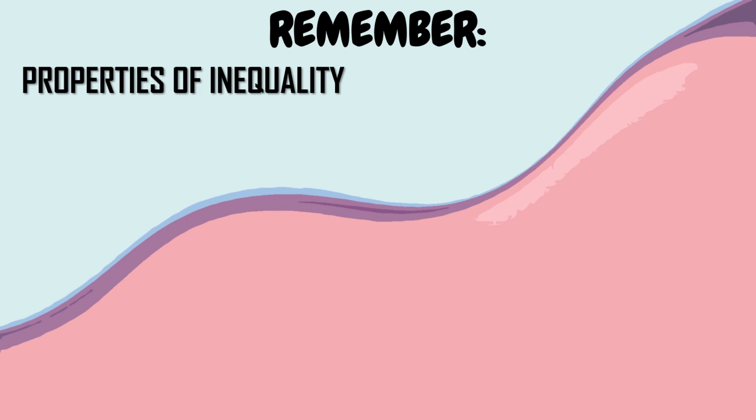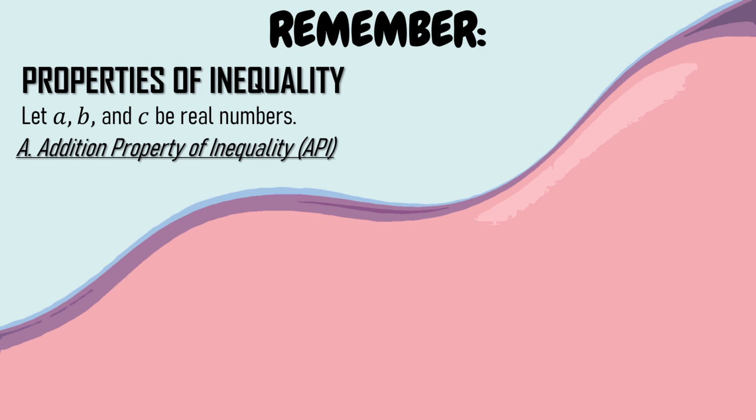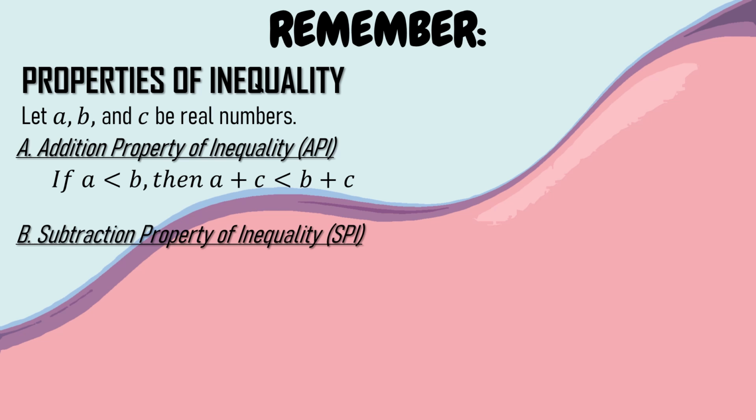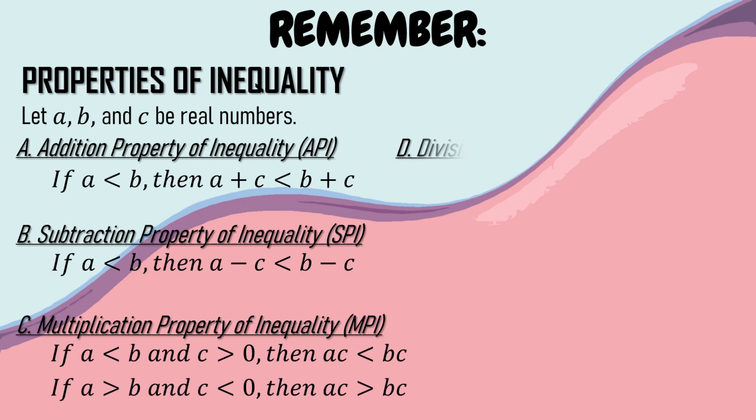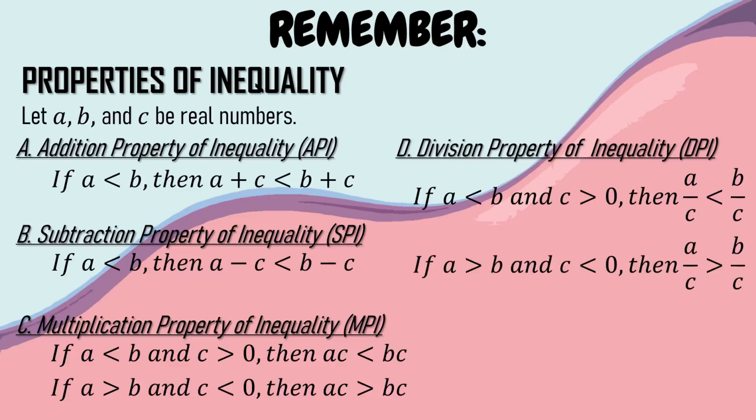Next is the properties of inequality. Let A, B, and C be real numbers: addition property of inequality or API, subtraction property of inequality or SPI, multiplication property of inequality or MPI, and the last is the division property of inequality or DPI.